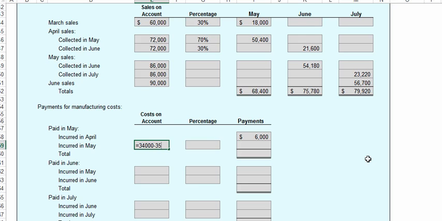So that $3,500 needs to be subtracted out. 80% of that will get paid in May. $24,400. Now we'll add those two together. We get $30,400.